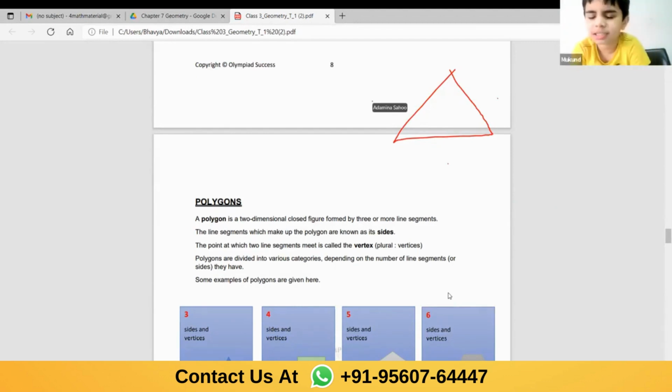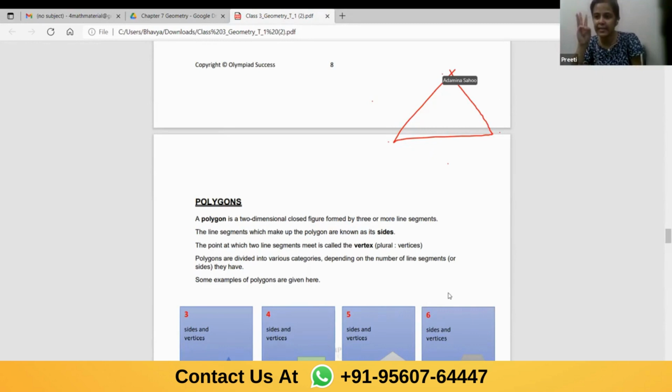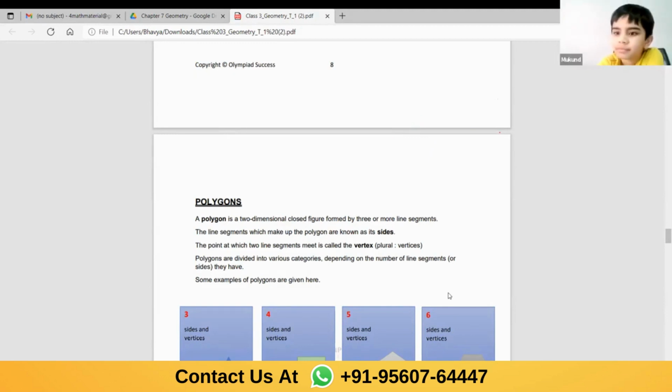I'm saying that I need minimum 3 lines to make a triangle. Can you make any shape only with 2 lines? No, ma'am. So what is a polygon? A polygon is a closed figure that is formed by 3 or more line segments. Why 3? Because 3 will give me a triangle.